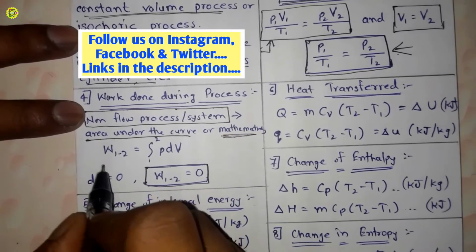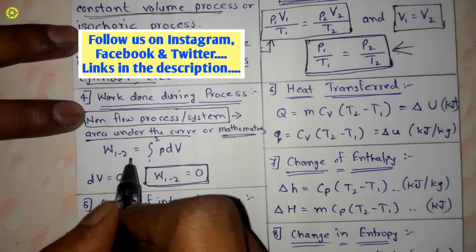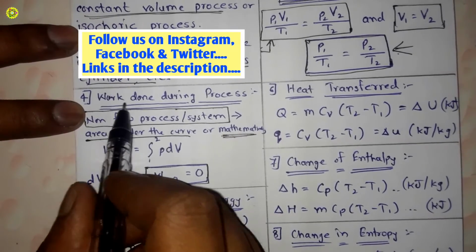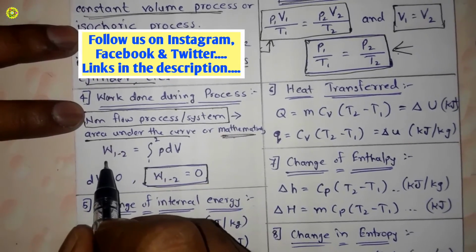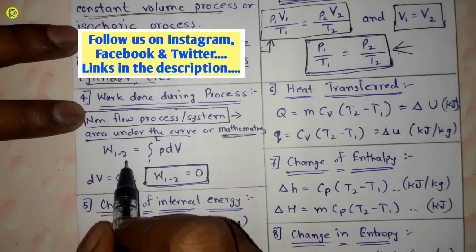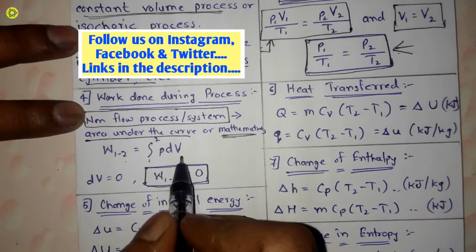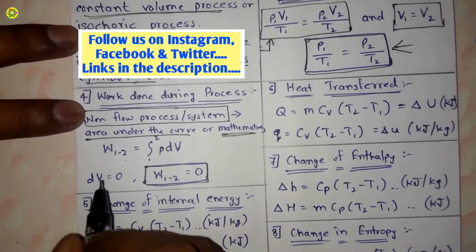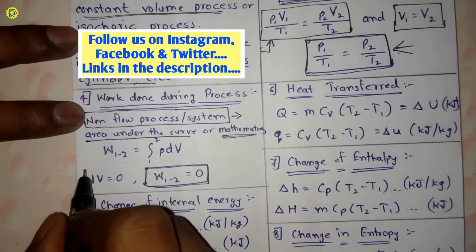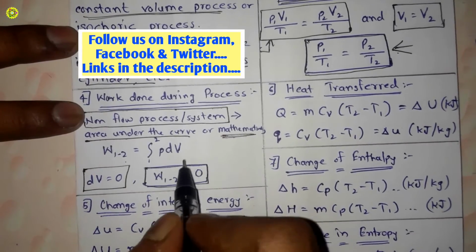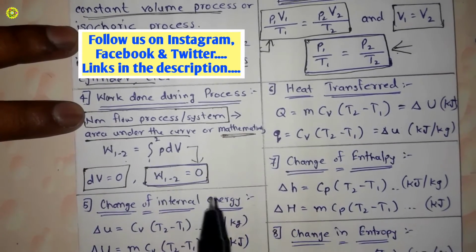W is the symbol for work done. So W1 to 2, that is process 1 to 2, is equal to the integration from 1 to 2 of P dV. As this is a constant volume process, dV is equal to 0, so we get work done equal to 0.